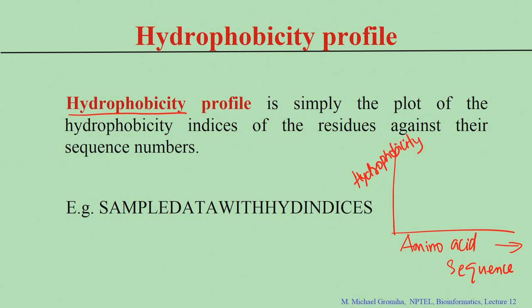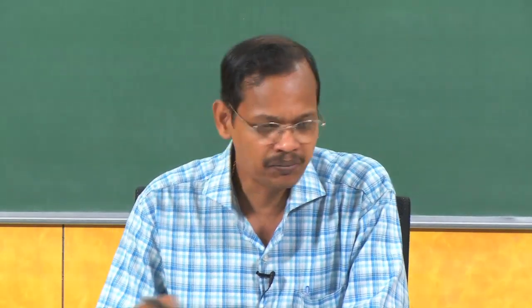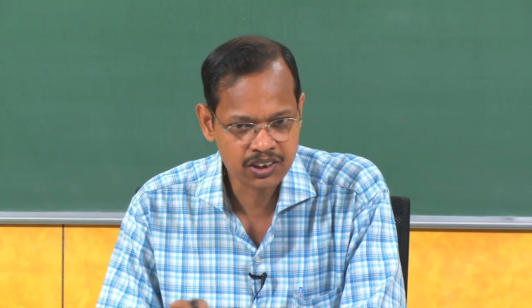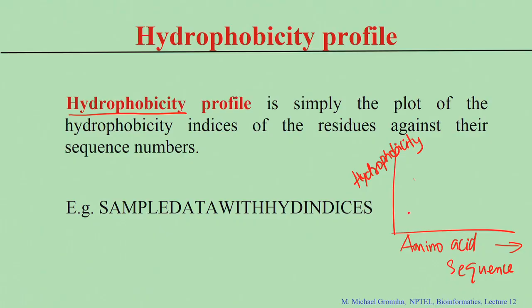Each amino acid has a value depending upon the hydrophobic character of the residue. So, depending upon the residues in the sequence, we can make a plot for each value. When you connect them, then we will get a plot.